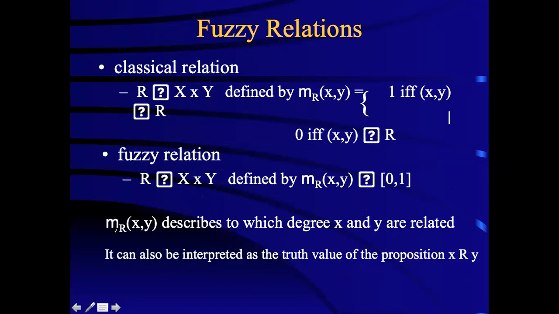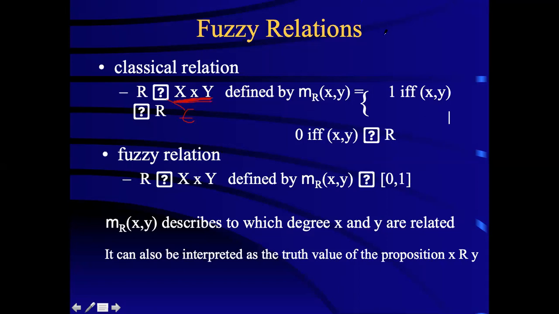अच्छा, फजी रिलेशन क्या है? यहाँ पे भी फजी रिलेशन इज रिप्रेजेंटेड बाय R, and fuzzy relation, I'll just write down here, a fuzzy relation is primarily when R belongs to X cross Y. So that's actually the product of, or the cross relation between two fuzzy sets.